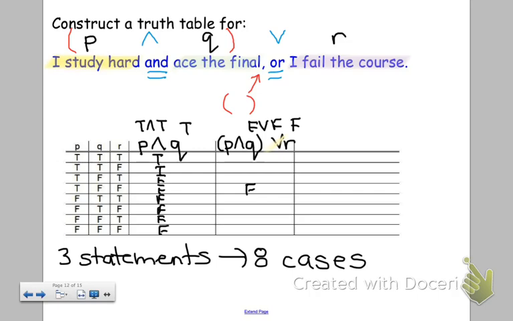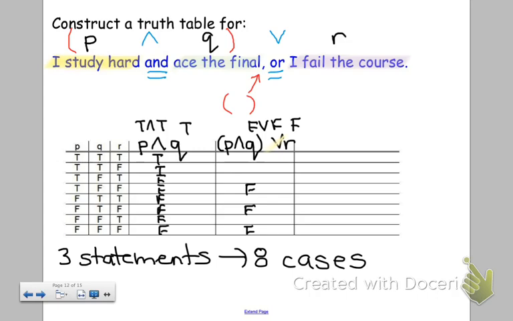Next row, true, false. Nope. Next row, false, false. Yes. So on that 6th row, I'm going to fill in a false, false or false is false. 7th row, true, false. Nope. 8th row, I've got another false, false or false is false.